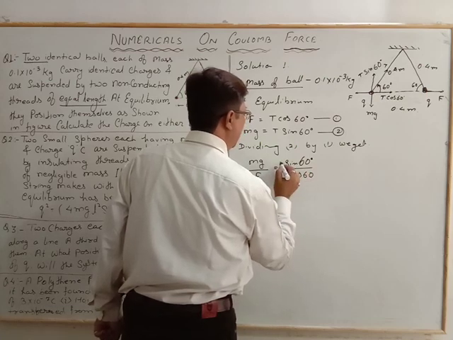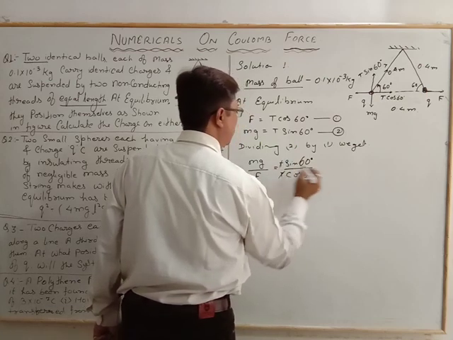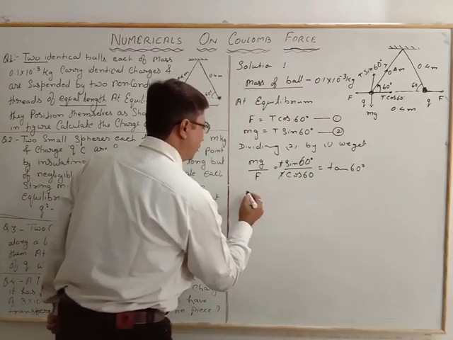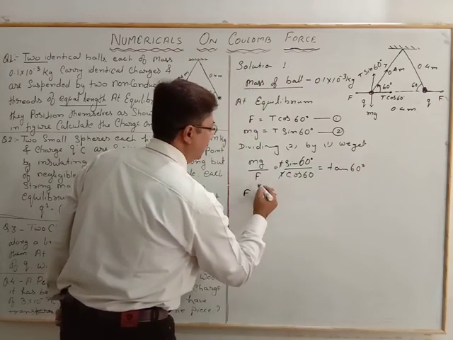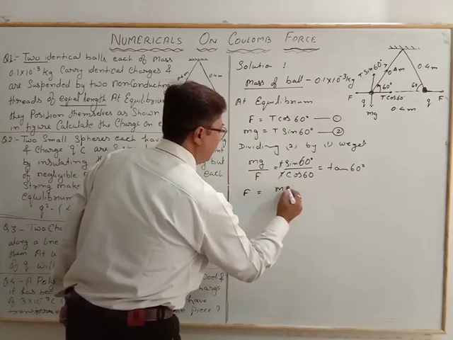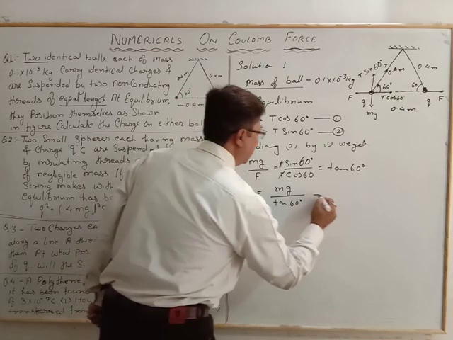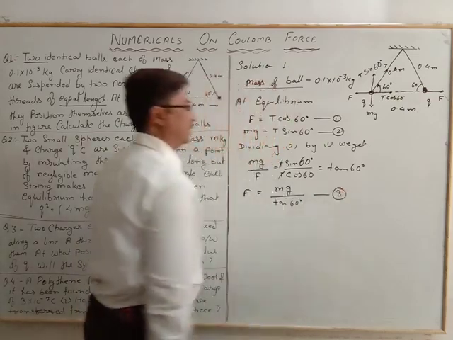T and T cancel, and this becomes tan 60. So the force F equals mg tan 60, and this becomes relation number 3.